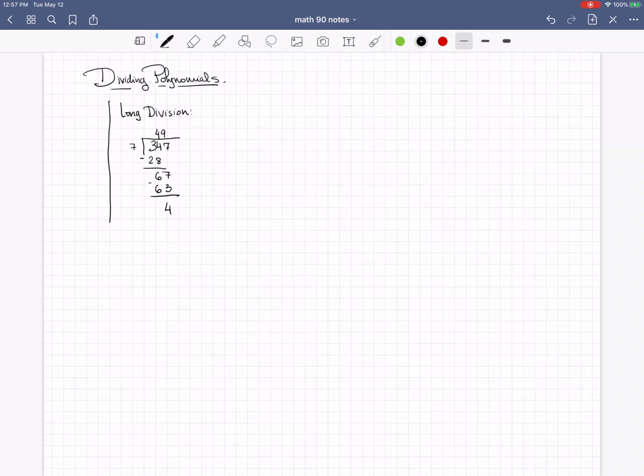There's nothing left to bring down. So what we have at this moment is the remainder. In other words, 347 can be divided by 7 evenly 49 times, and then you have 4 left over. So 49 is our quotient.